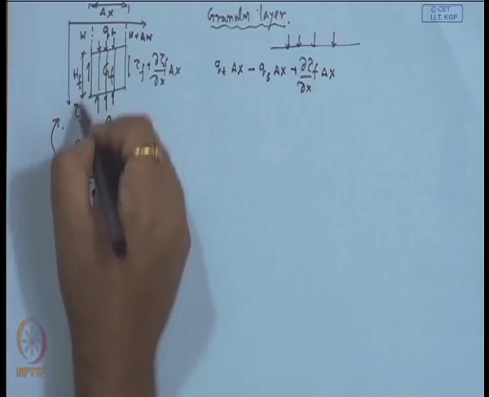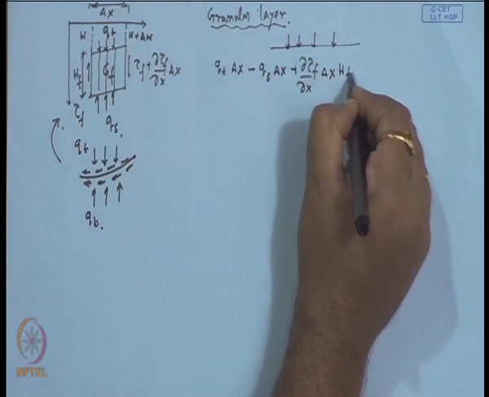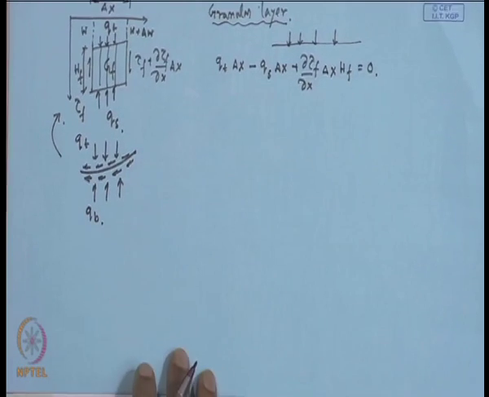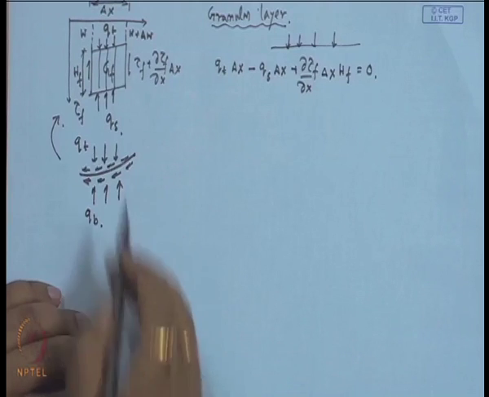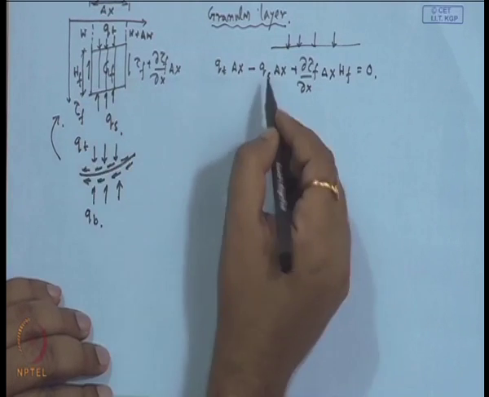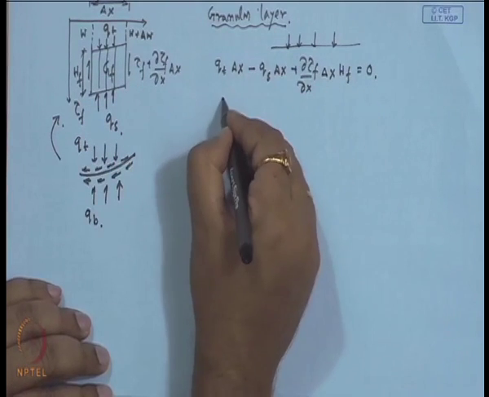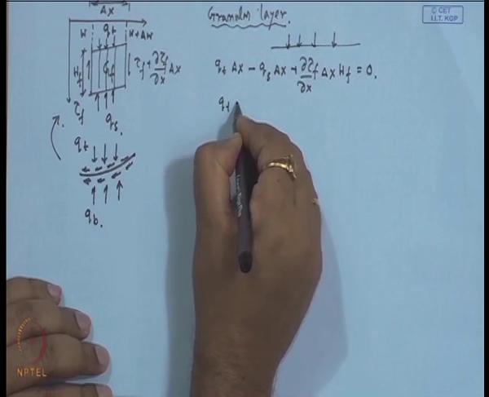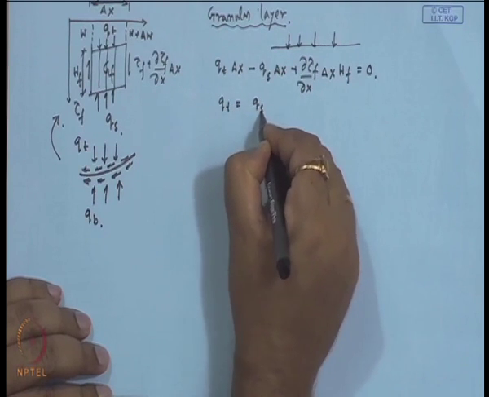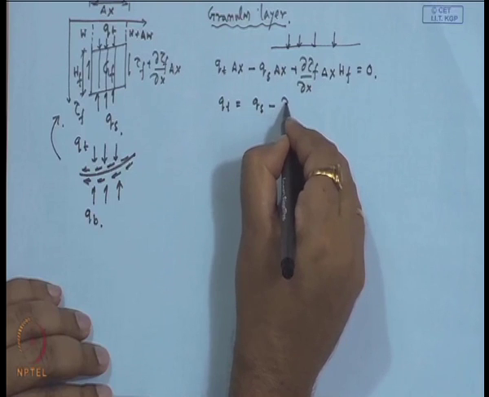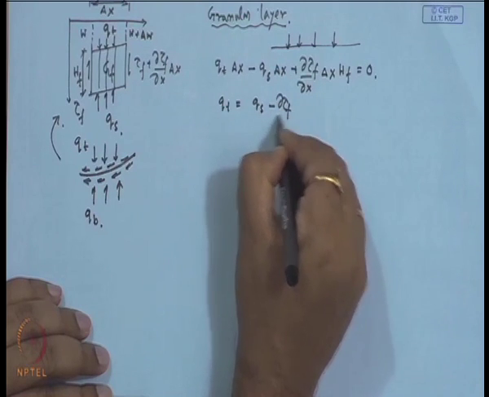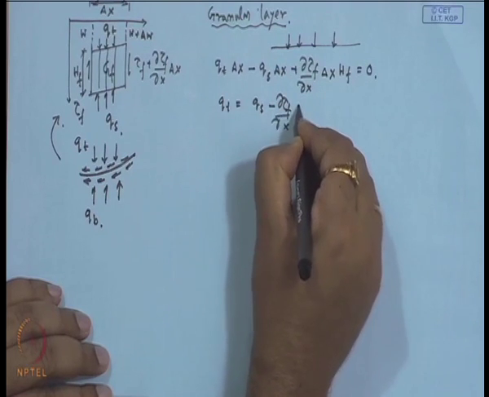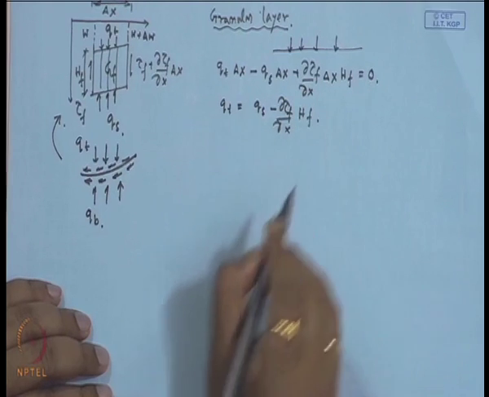Now, here this is H f, so this will be H f, and this one will be equal to 0. So, now if del x cancels out, q t is equal to q s minus del tau f del x into H f.